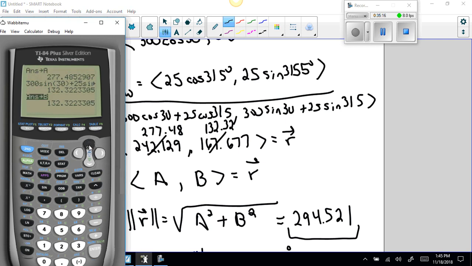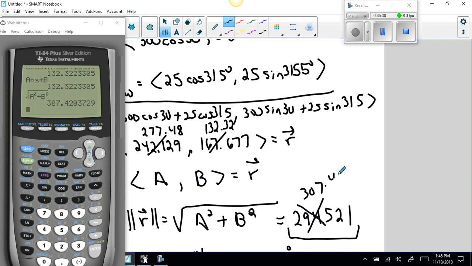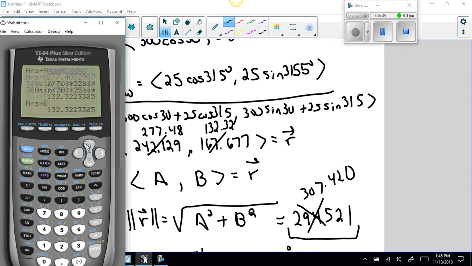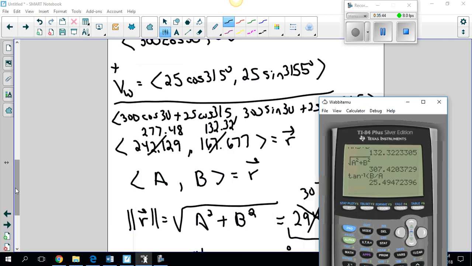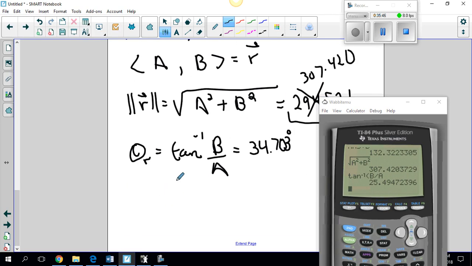And then we go look for the square root of alpha a squared plus alpha b squared. And there we go, 307.420. And then you go look for that inverse tangent of b over a. There we go. Everything's better now. Terrible presentation, but managed to fix it all.